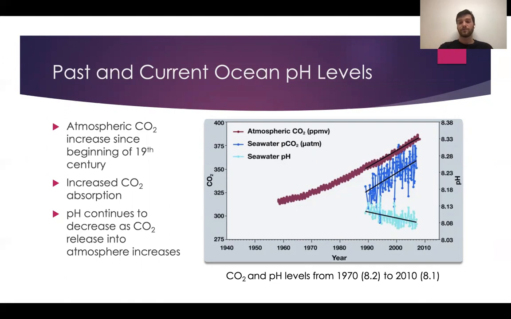And then the light blue line below it shows the saltwater pH. So more CO2 in the water, lower pH. Lower pH, more acidic. So we can see as there's more CO2 in the atmosphere, the pH is lower, the water is more acidic.